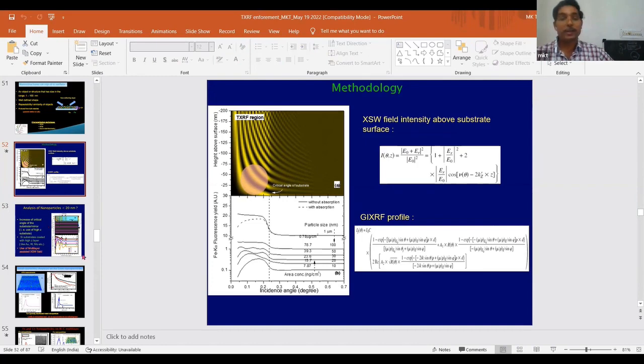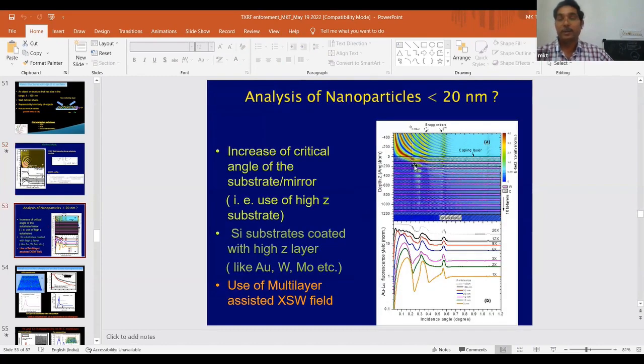Another method is to generate this standing field using the multi-layer, because if you increase the angle, the size of the standing field will be less. TXRF occurs at low angle, and the multi-layer Bragg region occurs at slightly higher angle.